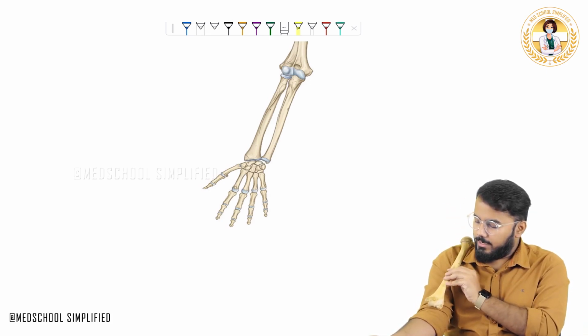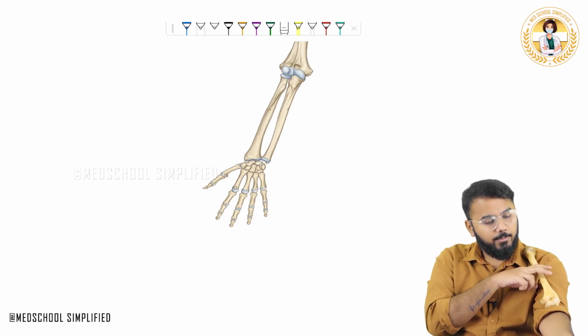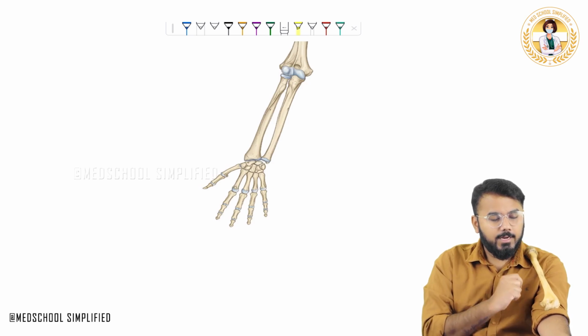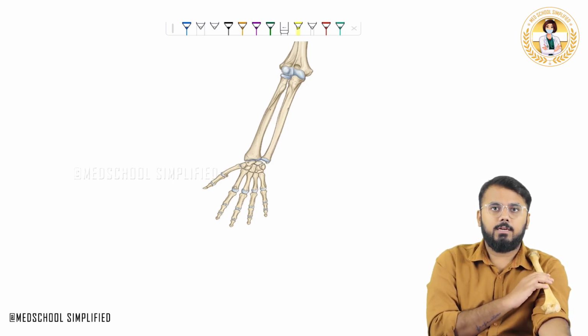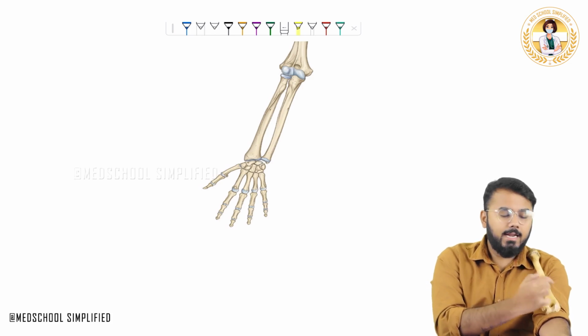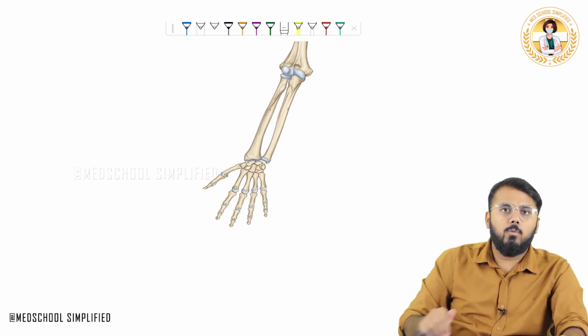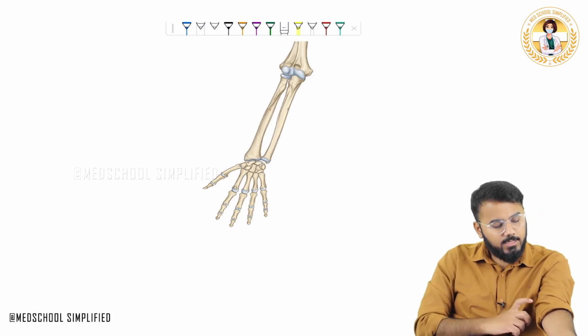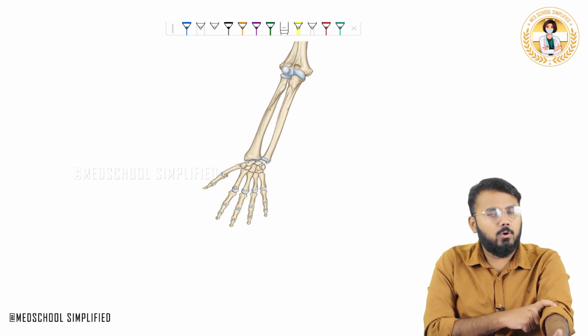If I am putting it up like this, I think this is the left side, so this is the medial epicondyle. From this point itself, all the flexors come like this and attach. And from the lateral epicondyle, all the extensors go back like this. So all the flexors originate from the medial epicondyle and all the extensors originate from the lateral epicondyle.